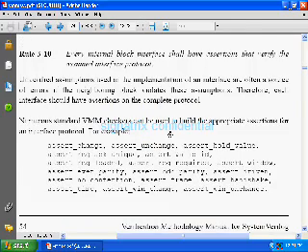The next rule is that every internal block interface shall have assertions that verify the assumed interface protocol.